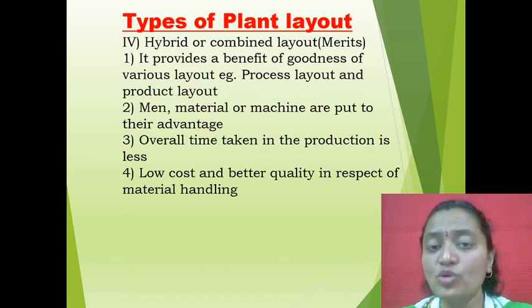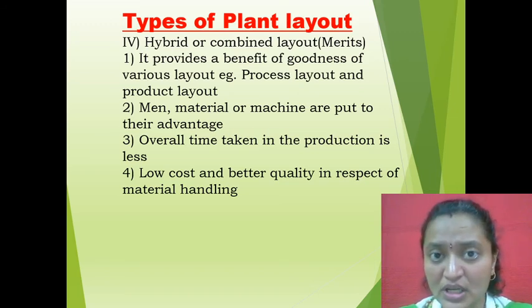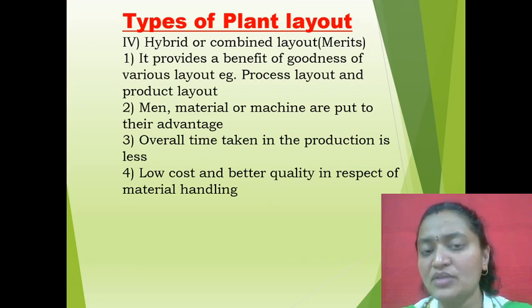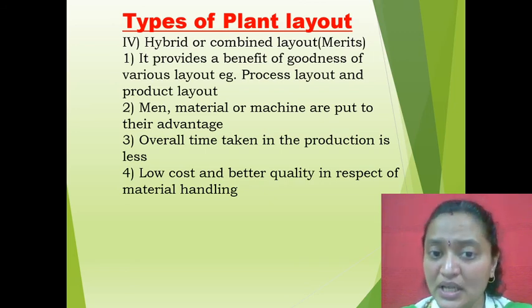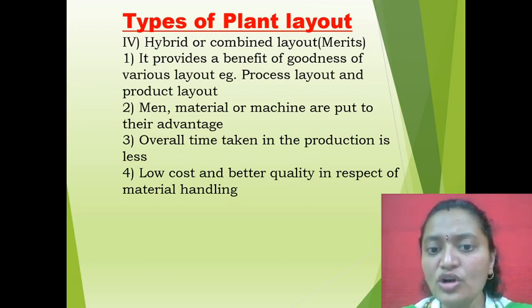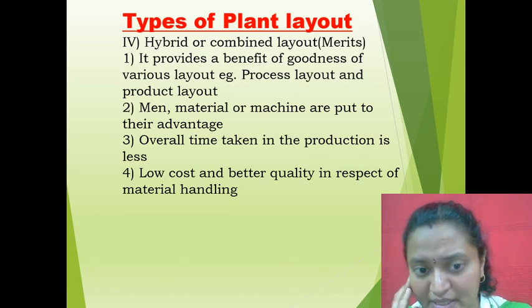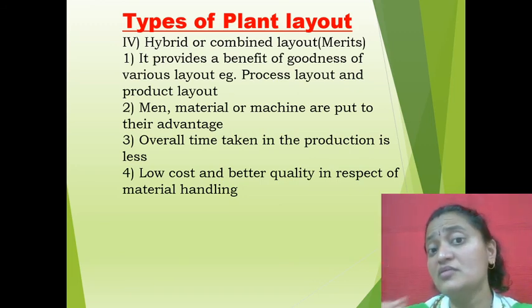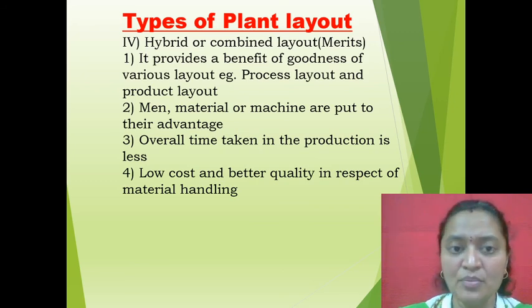I have already told you that men means which kind of laborers are required, money means how much investment capital is required, then material and machine. Next, the overall time taken in production is less, and there is low cost and better quality, meaning we should try to get a better quality product.